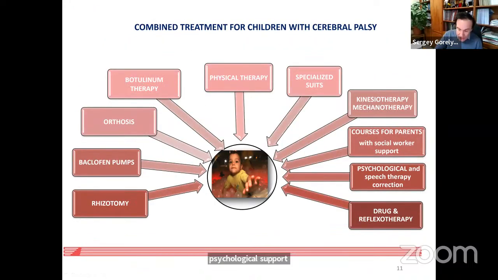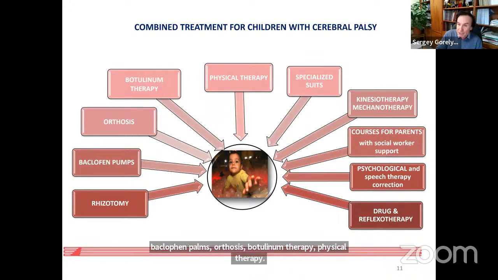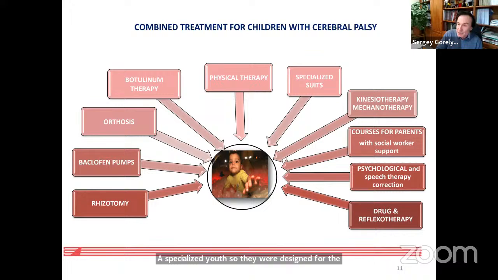In such a center, a patient is provided with different methods of combined treatment, including rhizotomy, baclofen pumps, orthosis, botulinum therapy, physical therapy, specialized suits, which were designed for the spacecraft, kinesiotherapy, mechanotherapy, as well as courses for parents with social worker support, psychological and speech therapy correction, and drug and even reflexotherapy.